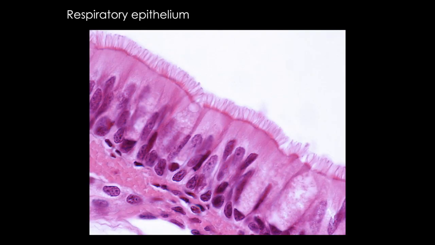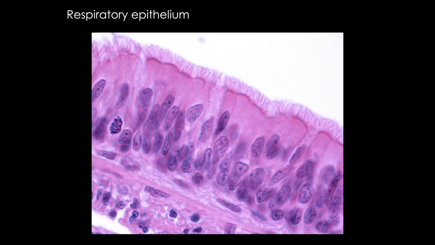Now here you see an H&E stained section showing respiratory epithelium. Here we can see basal cells, goblet cells, and ciliated cells. We have a second example that shows basal cells, goblet cells, and ciliated cells.